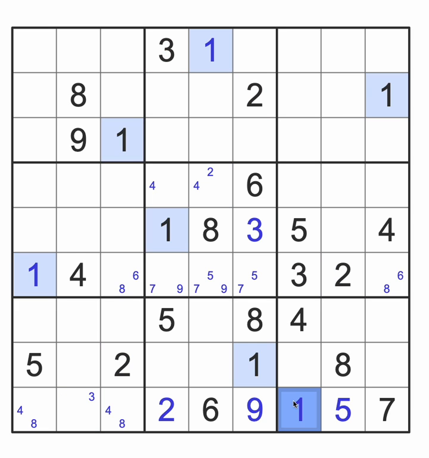That gives me 1, and that gives me 3. And the 1s now give me 1 here, and the 1s block these, giving me the last 1. Okay, let's move on.